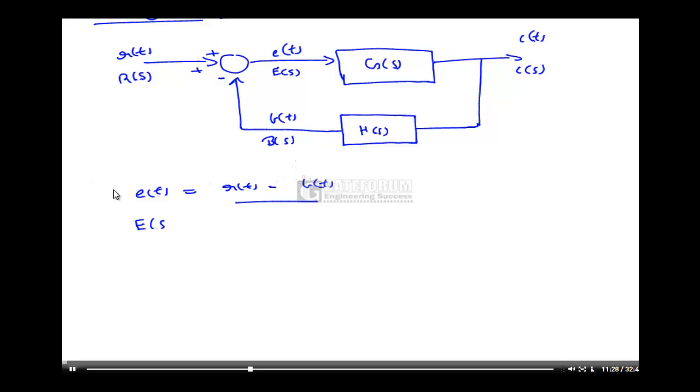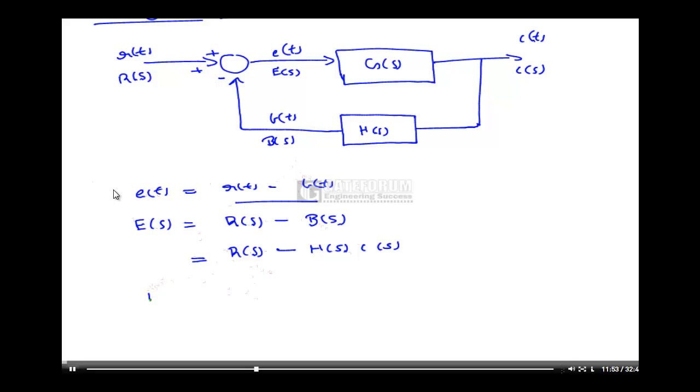Means E(s) equal to R(s) minus B(s). I can write B(s) as H(s) into C(s).